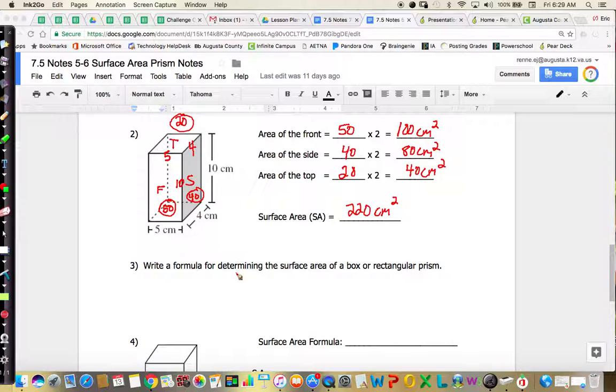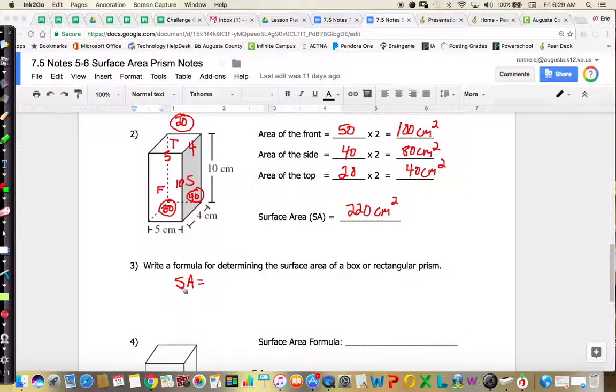Now, it says write a formula for determining the surface area of a box or rectangular prism. Okay, and before we write the formula, we have to kind of think back to the volume formula, which was length times width times height. So I know the surface area is going to deal with a length, a width, and a height.